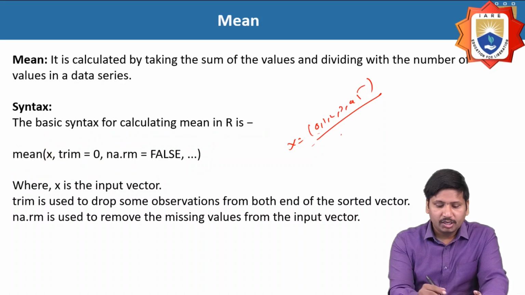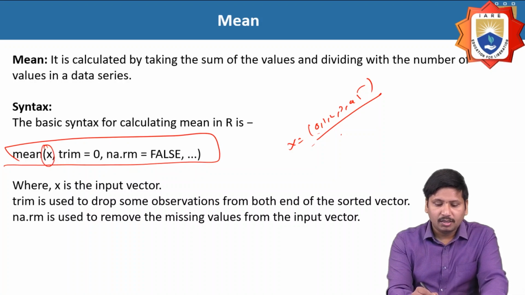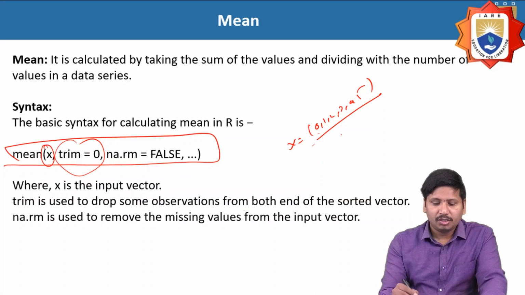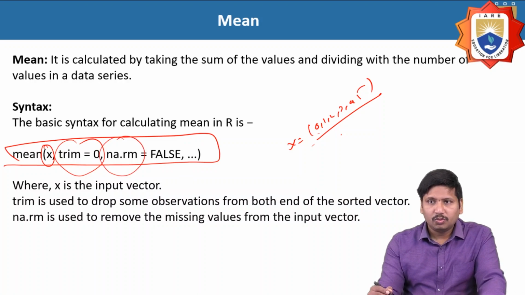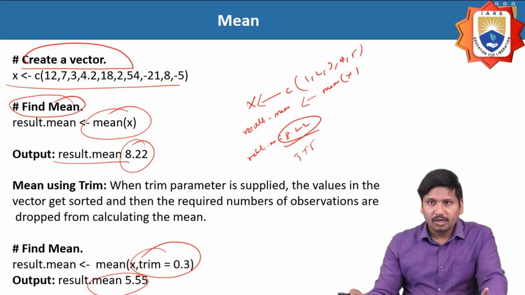We have the mean function here, in which x is the vector, and trim is used to drop some of the observations, and na.rm is used to remove the missing values. I explained the example also.